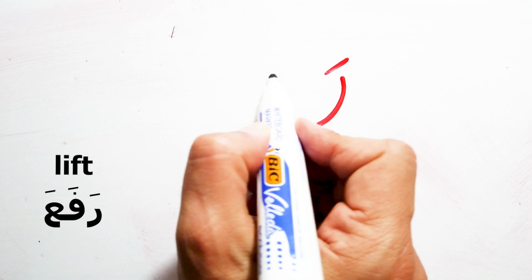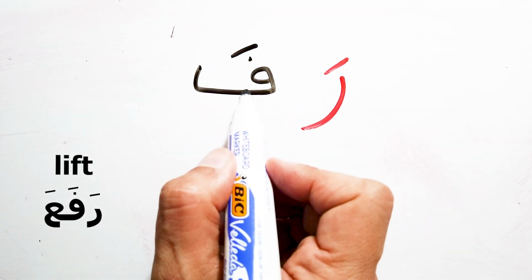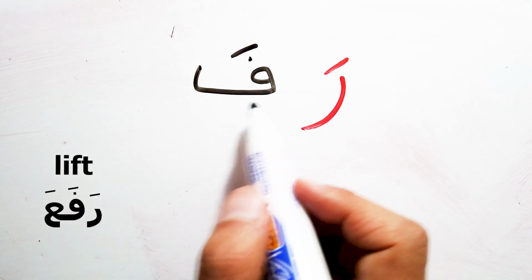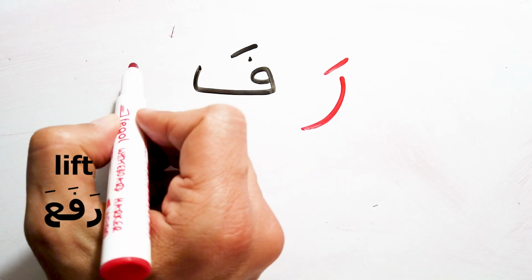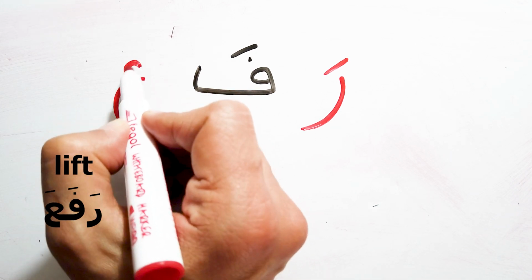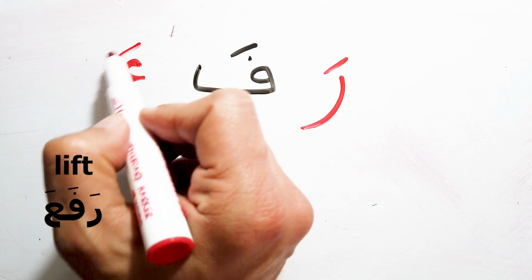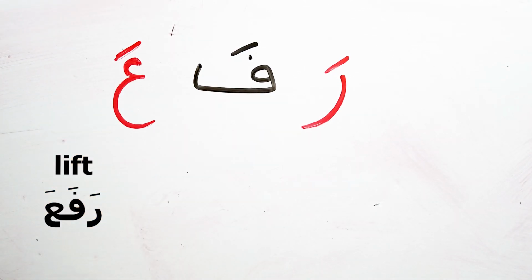را, ف, like F in English. ف, ع. The sound of this letter does not exist in English. Let's connect them.